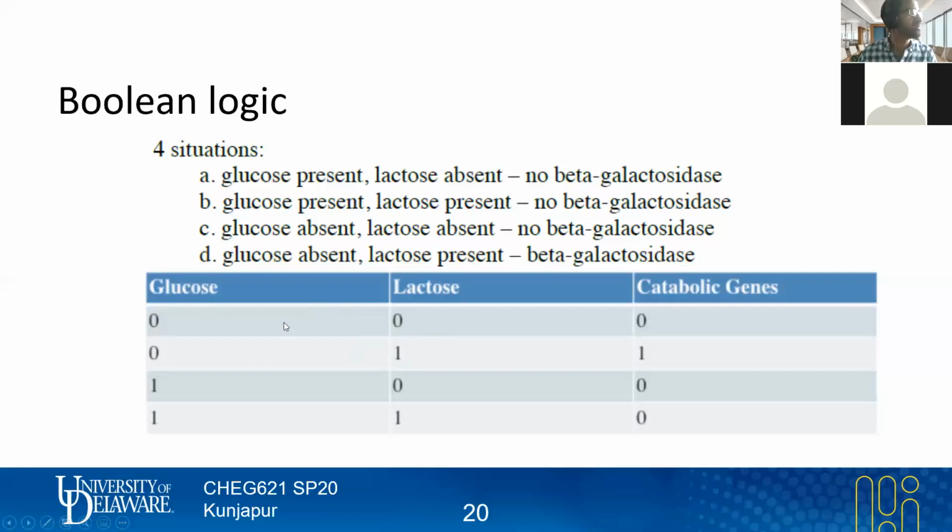And so you can then imagine this as what's called in that field a truth table, where these are your inputs and this column here is your output. And your output tells you, are the genes on or off? So the one here means, under this condition only, expression of catabolic genes is essentially true, only when lactose is there and when glucose is not.